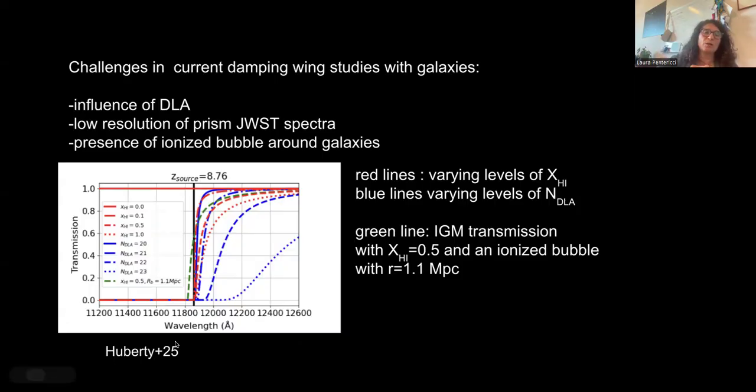So the presence of the ionized bubble around the galaxy or the quasar is basically, in some sense, related to how long the source has been switched on for. So if your source has been switched on for 100 million years, then it will have already ionized the region around it, then of course, you're not probing really the neutral hydrogen around it, but on larger scales. And so all these things are degenerate with each other.